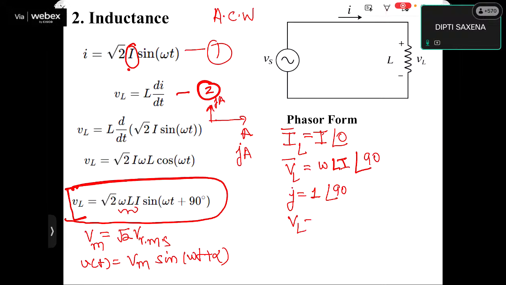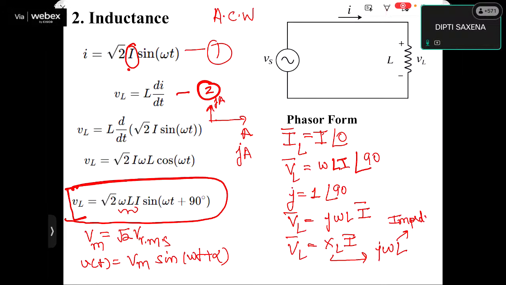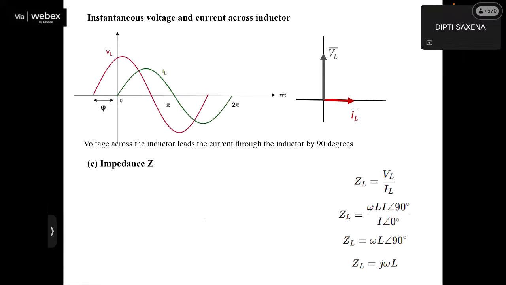So VL is equal to jωLI. That is, 1 angle 90 degrees has been replaced by j. And I can write VL is equal to XL into I, where XL is equal to jωL, called the impedance of a purely inductive circuit. How is this called the impedance?